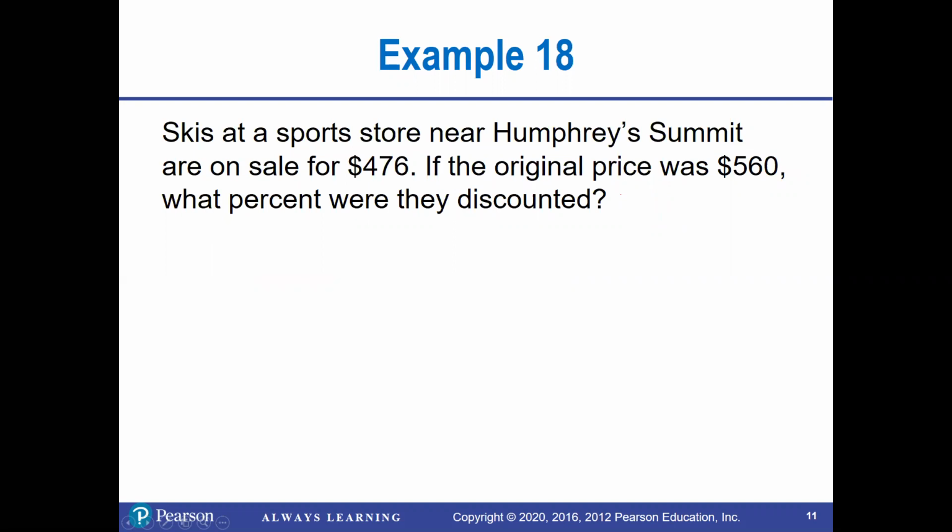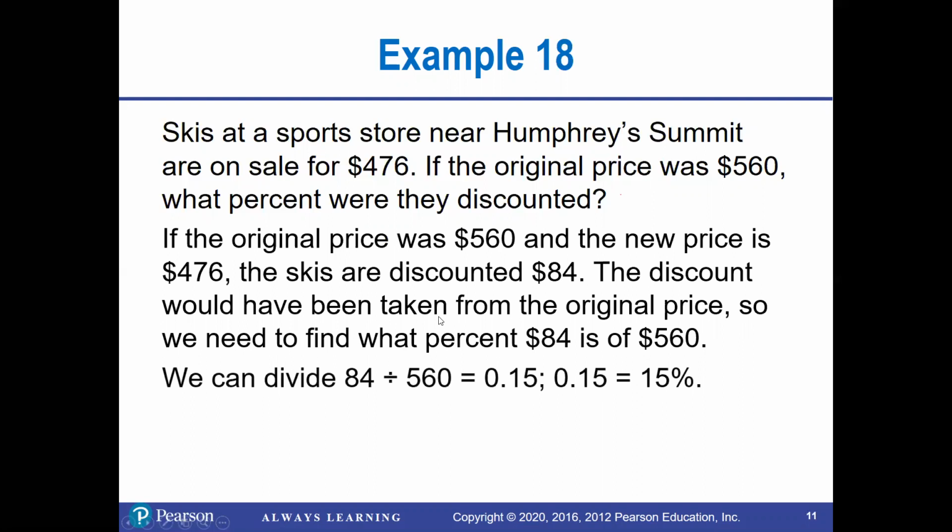All right, skis at a sports store near Humphrey Summit are selling for $476. If the original price was $560, what percent of it was discounted? Okay, so if the original price was $560 and the new price is $476, the skis are discounted by $84.